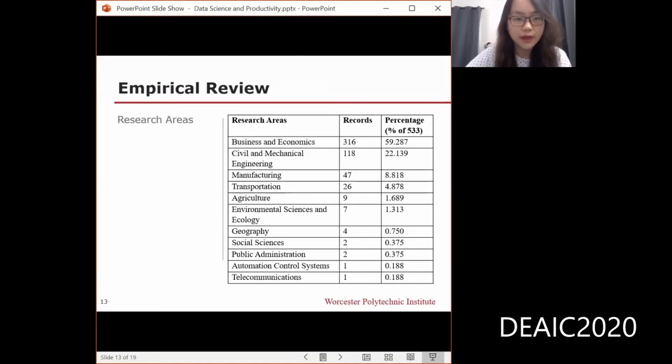For civil and mechanical engineering, there are 118 articles. For manufacturing, we have 47 articles. For transportation, we have 26. And then we also have agriculture, environmental sciences and ecology, geography, social sciences, public administration, automation control systems, as well as telecommunications.